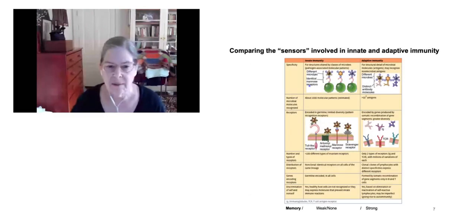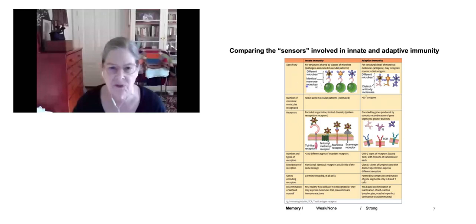Okay, I'm not going to go through this list, but I want to just say that there are sensors or receptors that are involved in innate and adaptive immunity, and they have similarities and differences. The innate immune receptors will recognize what we call pathogen-associated molecular patterns.